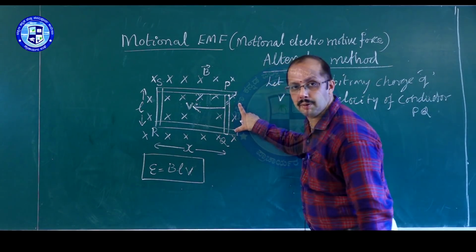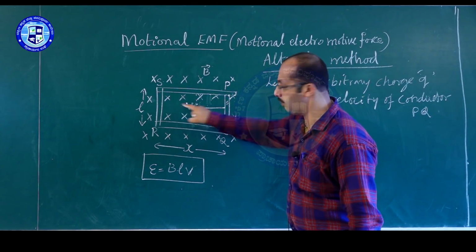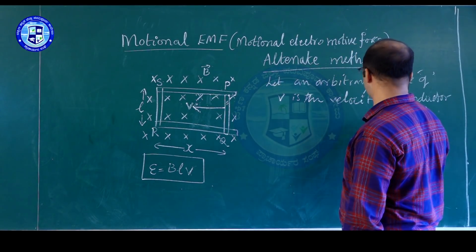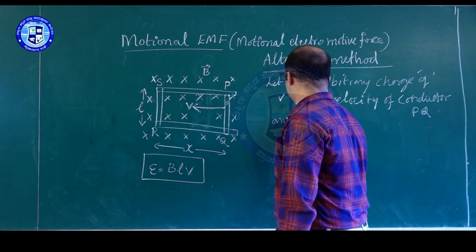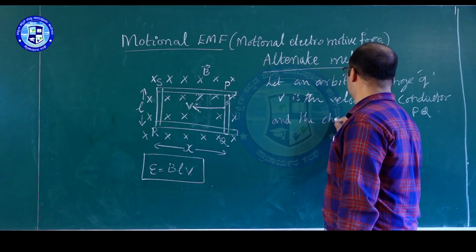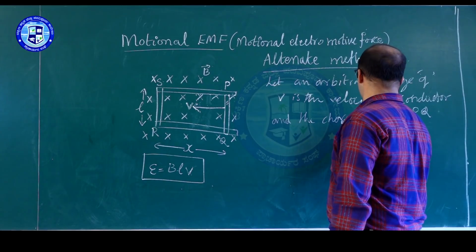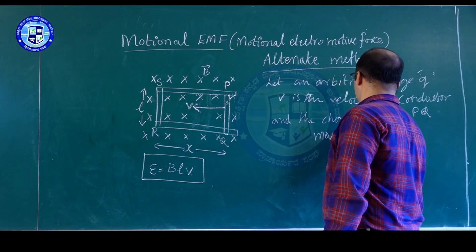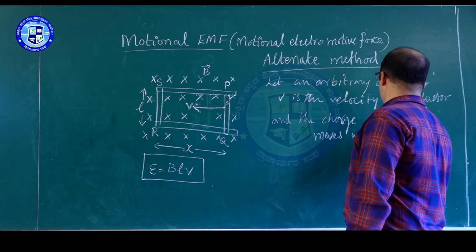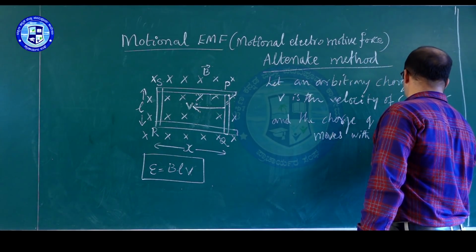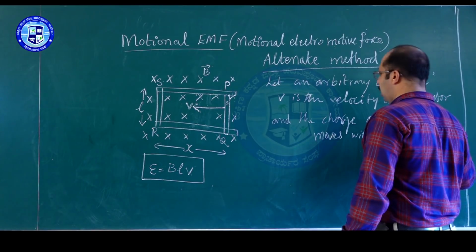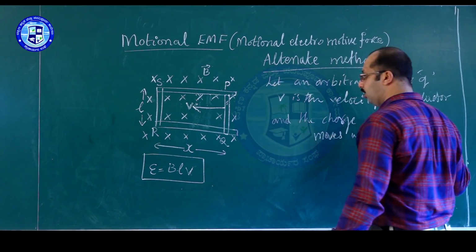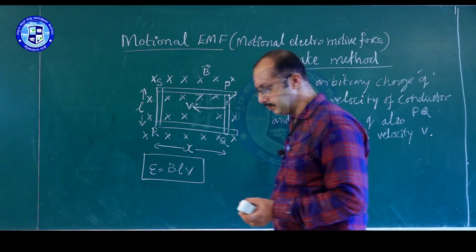PQ is the movable conductor in a uniform magnetic field with velocity V. So V is the velocity of the conductor, and the arbitrary charge Q also moves with the velocity V in the conductor, right?